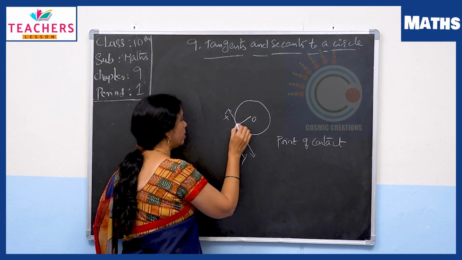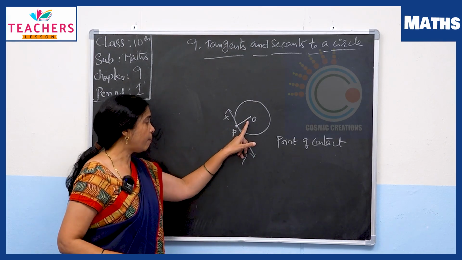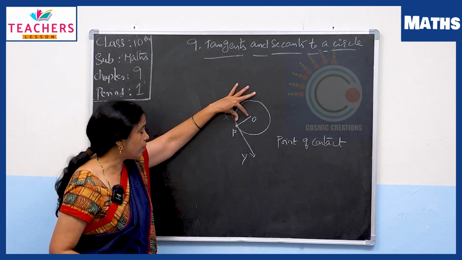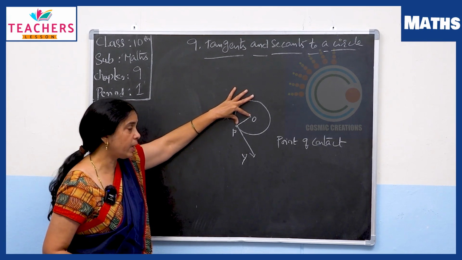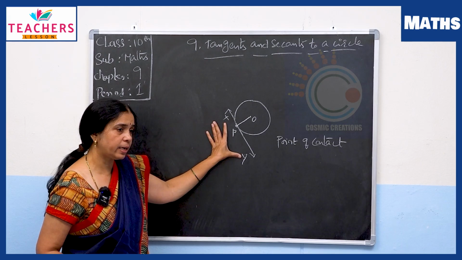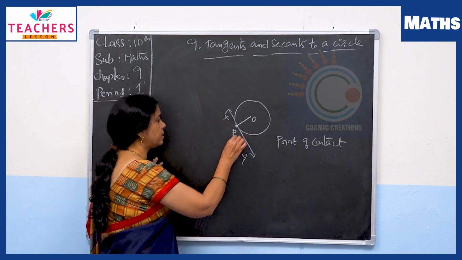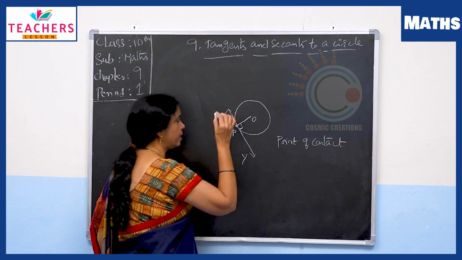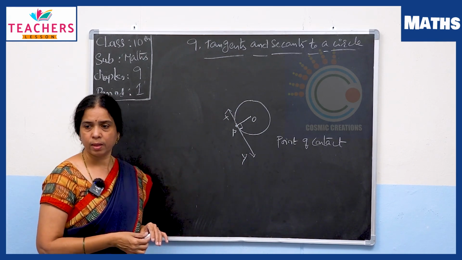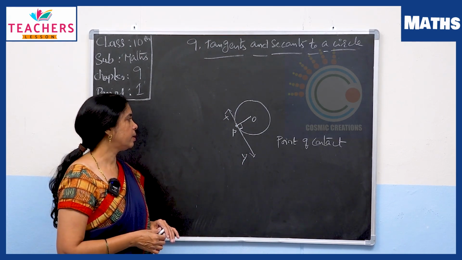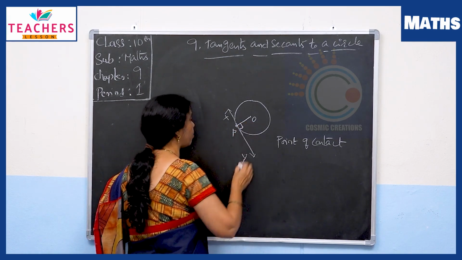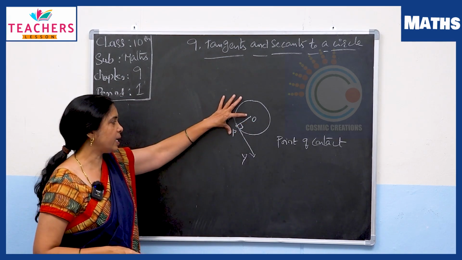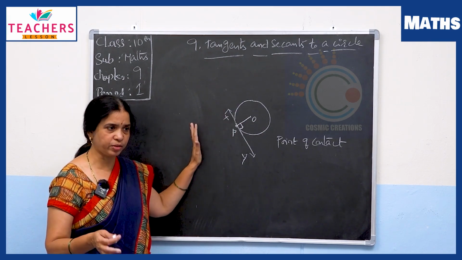If you observe carefully, the angle between the radius OP and the tangent XY is always 90 degrees. How? It looks perpendicular, but not only by looking, we have to prove it. OP is perpendicular to XY, I am saying.